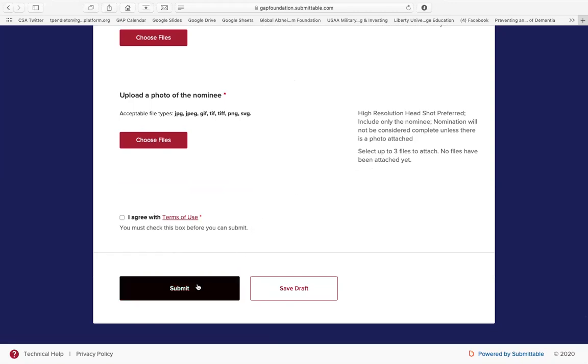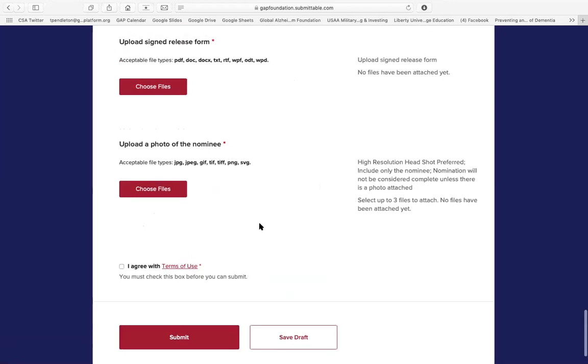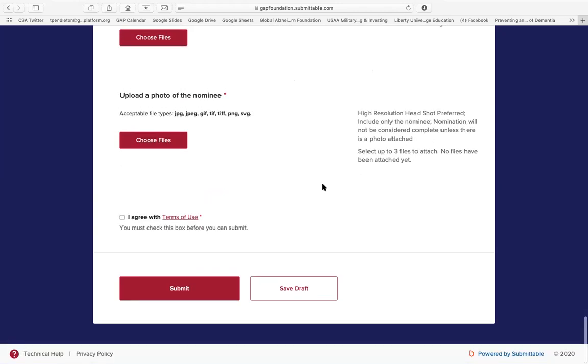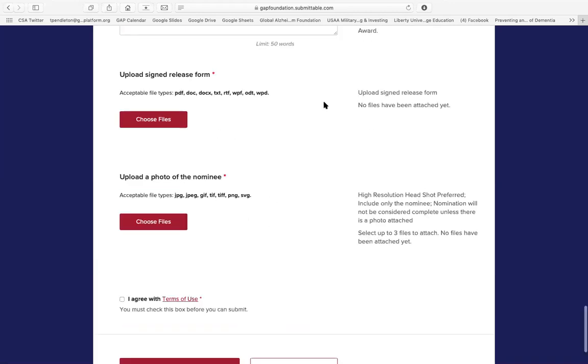You cannot submit the form until you have a signed release and a photo uploaded. So you can save a draft if you don't have your signed release and you don't have a photo to upload. You will have to have those two things to actually submit your nominee.